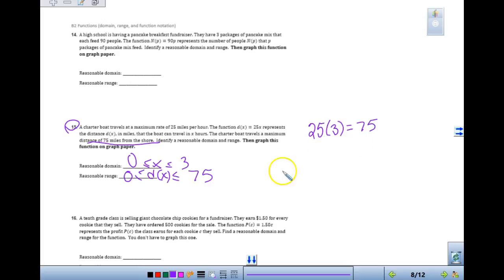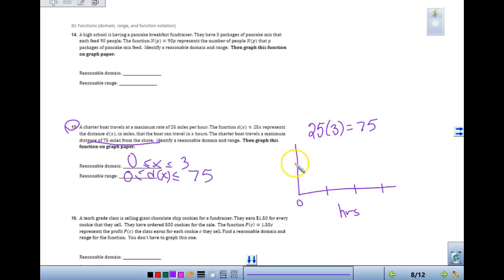It then says make a graph of this. I had some people say, is it okay if I did my graph right here on the paper? Yes. So my domain is the x. What unit would you put down here? It's my hours, right? I got 0 hours, 1, 2, 3 hours, okay? If you did it on graph paper, that's fine.